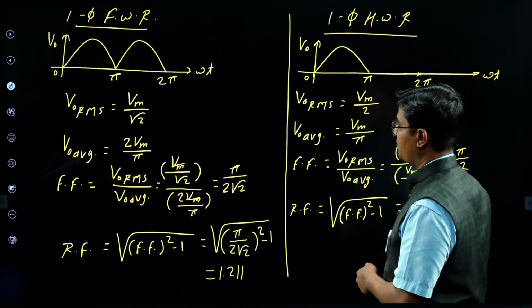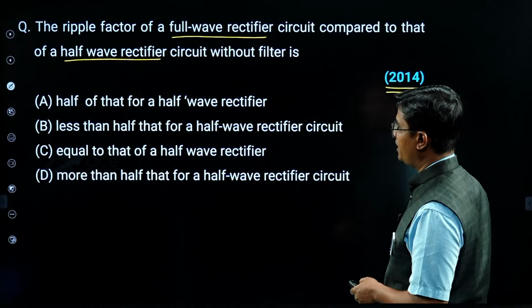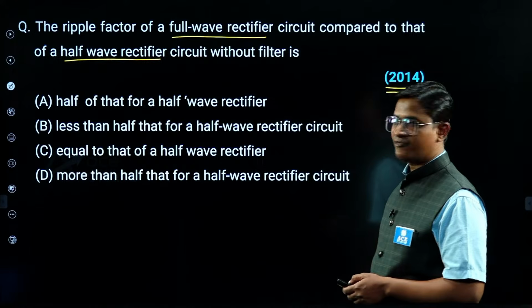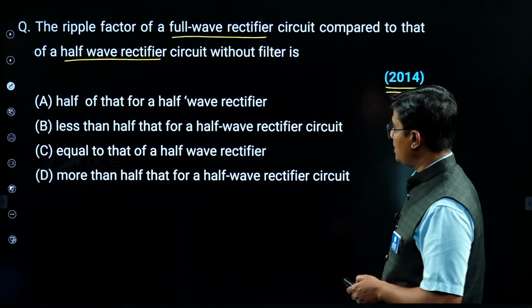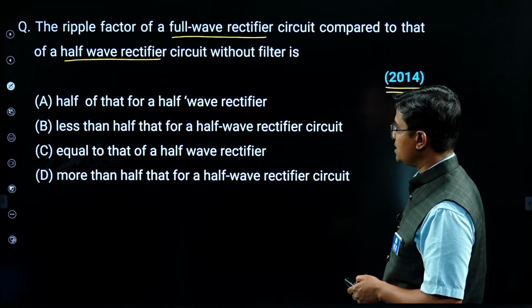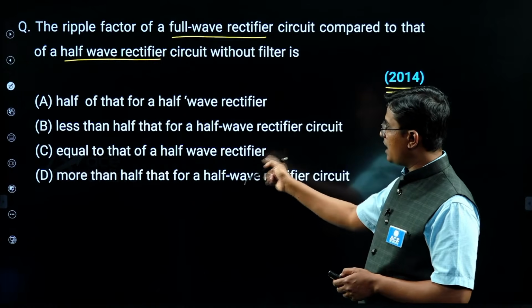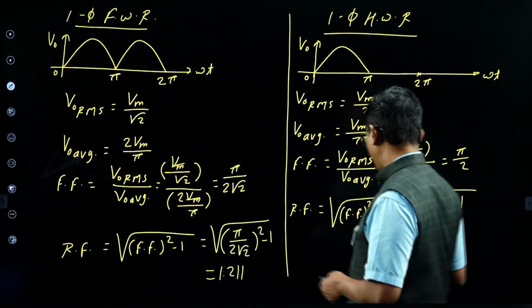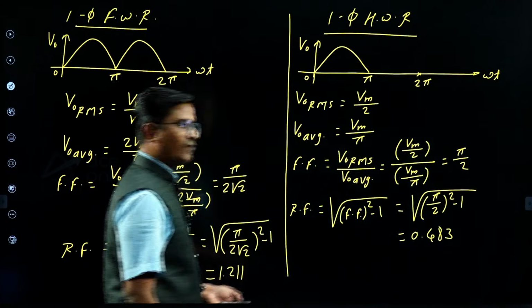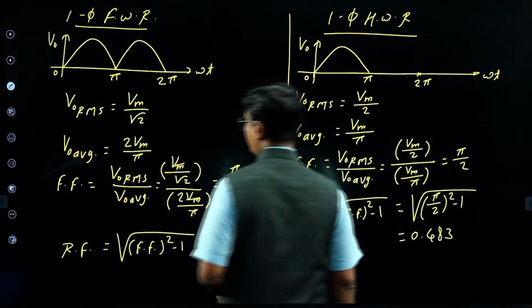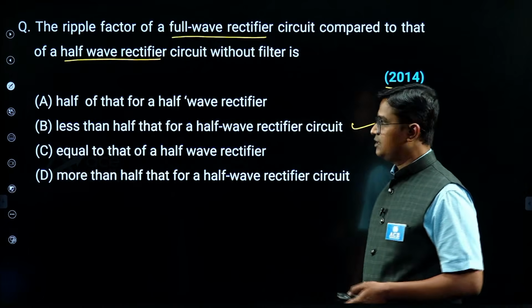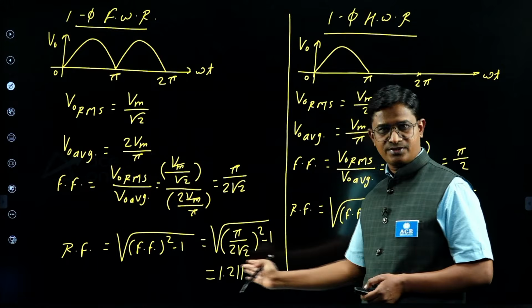Can I say that if I compare these two, then it is less than half that for a half wave rectifier circuit? Check. Here it is 0.483, here it is 1.211. Correct? So which one is correct? A suitable option is option B. Check, it is only the comparison of the values. That's it.